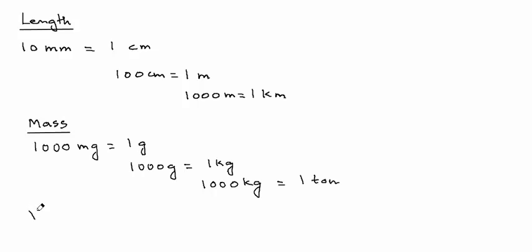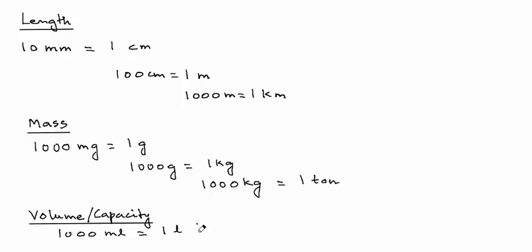And when it comes to volume or capacity, the two most important units are the milliliters and the liters. 1000 milliliters make up 1 liter. All the units that you see on this page are called the metric units.